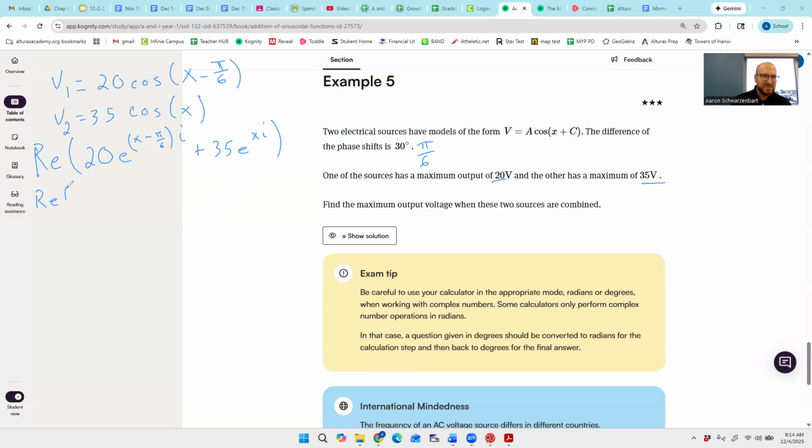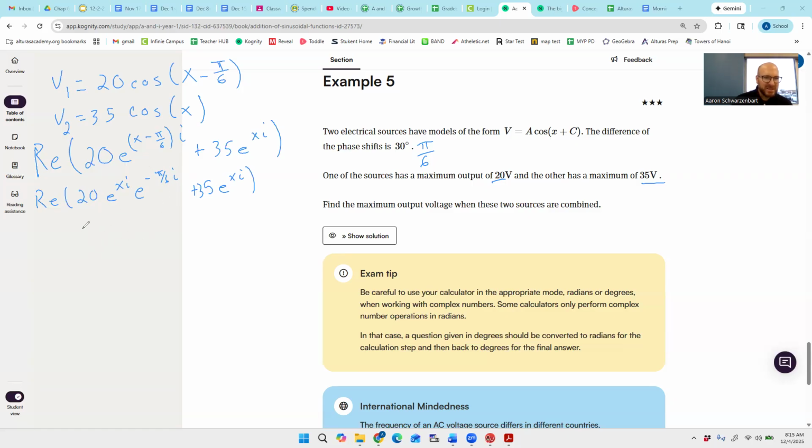Then we distribute, and I'm going to distribute and split it, so I kind of did those two in one step.